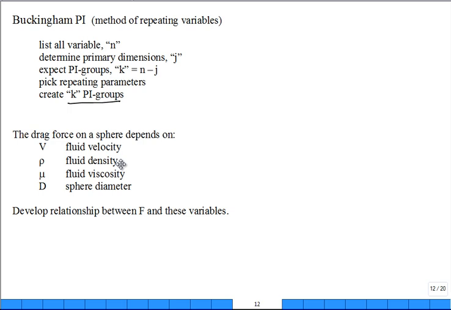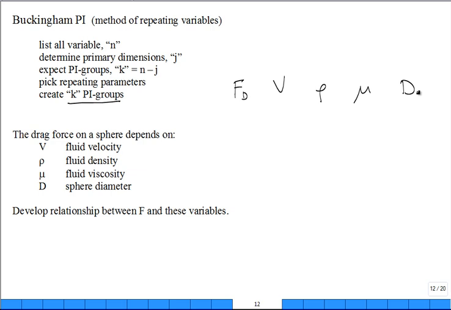So what we do is we start and say, list all of the important parameters. What's the first one? Drag force. What's the second one? Velocity, mass density of the fluid, viscosity, and diameter.